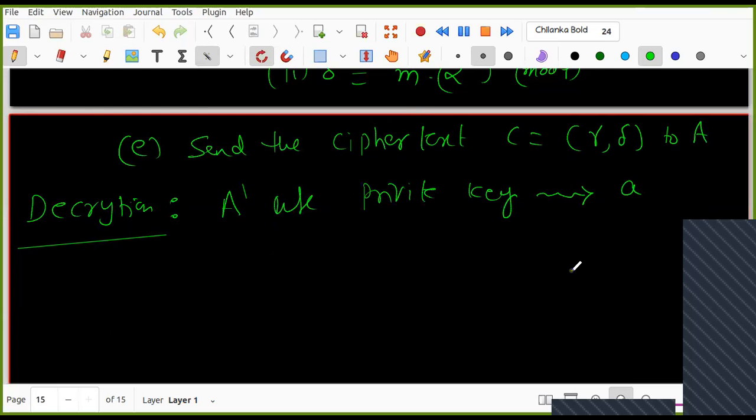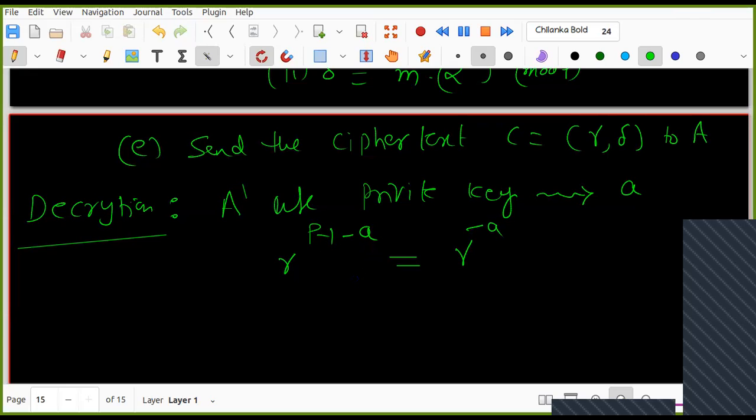A is a randomly chosen integer from 1 to P minus 2, like K. A is chosen by A, but K is chosen by B. Okay, good. Now she computes gamma power P minus 1 minus A. What is this equal to? You know that part.